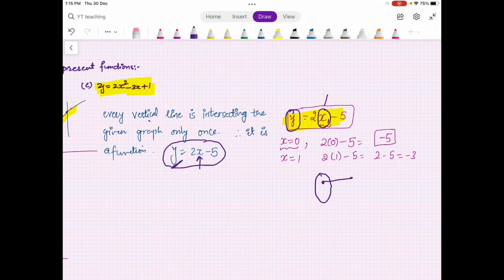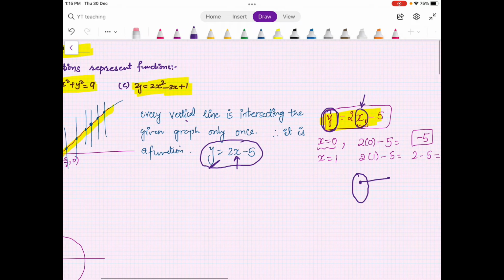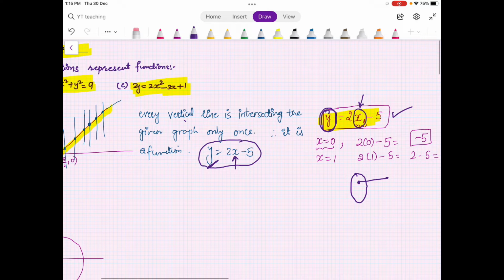Here, if I put in one value of x, I get a unique value of y. So that is why it is a function. It's your choice: you can either use the vertical line test, which I have done here, or use the theory. You can check whether for one particular value of x you get two values of y anywhere. If that is the case, it is not a function.